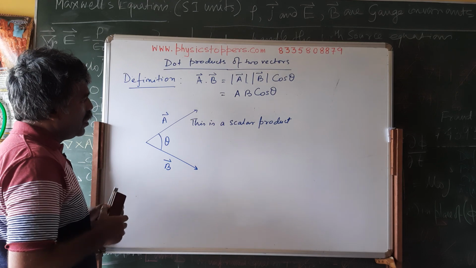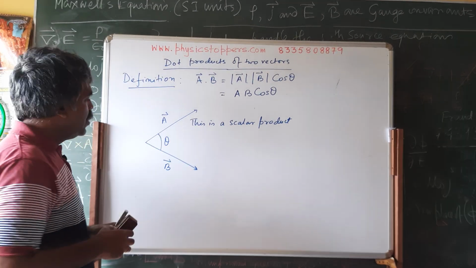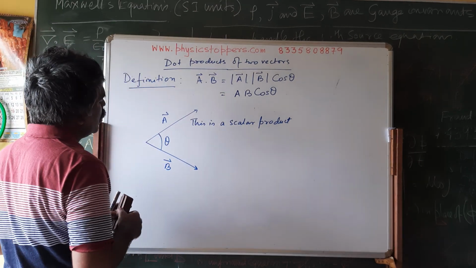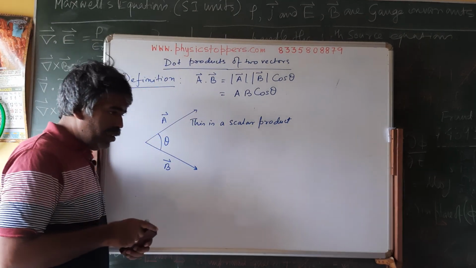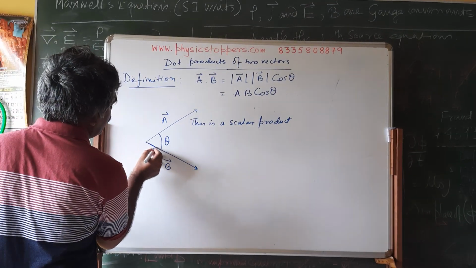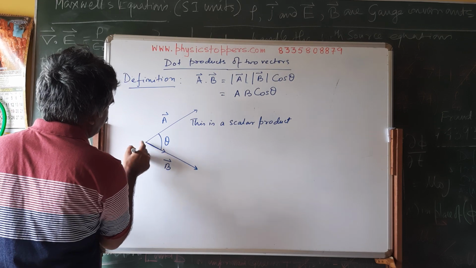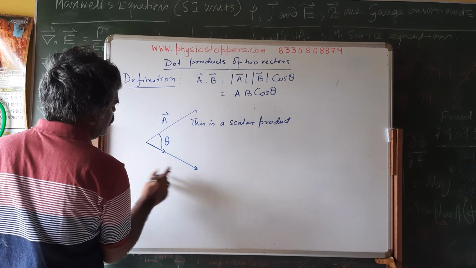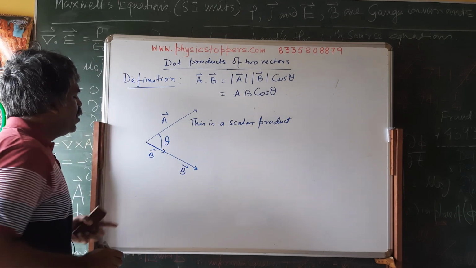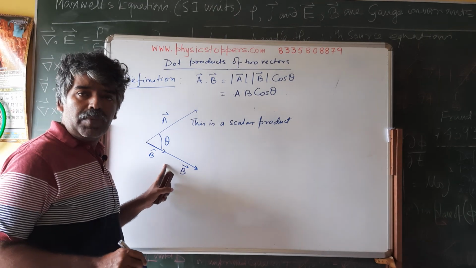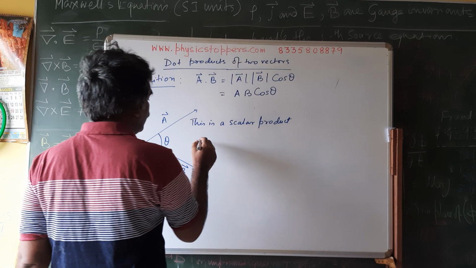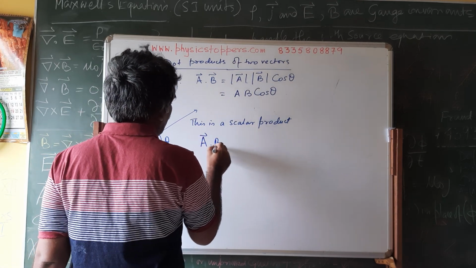Now let's make a geometric representation of this. Suppose you take a unit vector. This vector is the B vector, and from here to here it is B cap. B cap means the unit vector along B. So if I take A vector dot B cap, what shall I get?